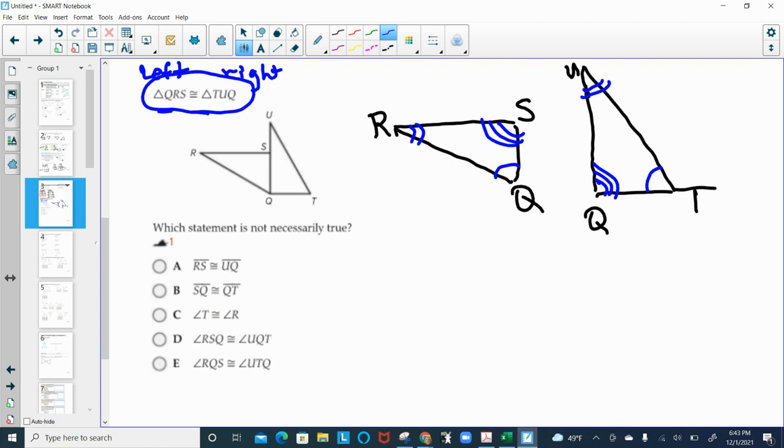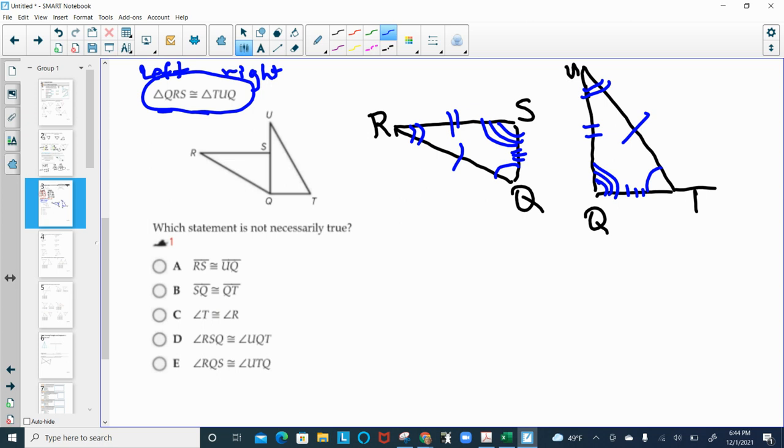I get that. Now I'll do the sides. QR, TU, RS, UQ, and then SQ and QT.